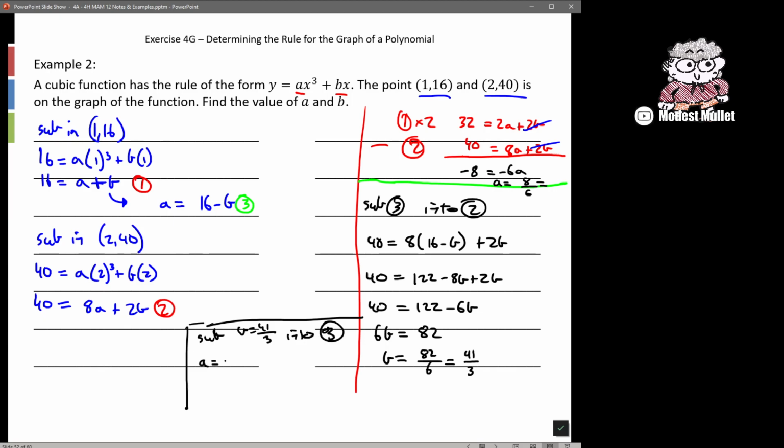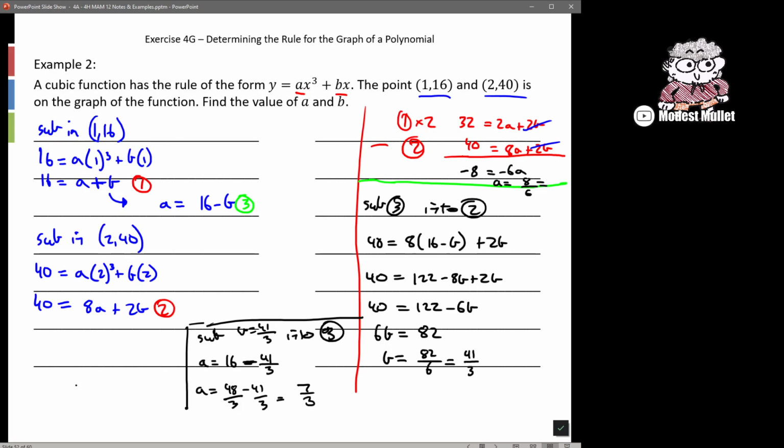So I get a is equal to 16 take away 41 on 3, which is 16 by 3, 48. 48 take away 41 on 3 gives me 7 on 3.